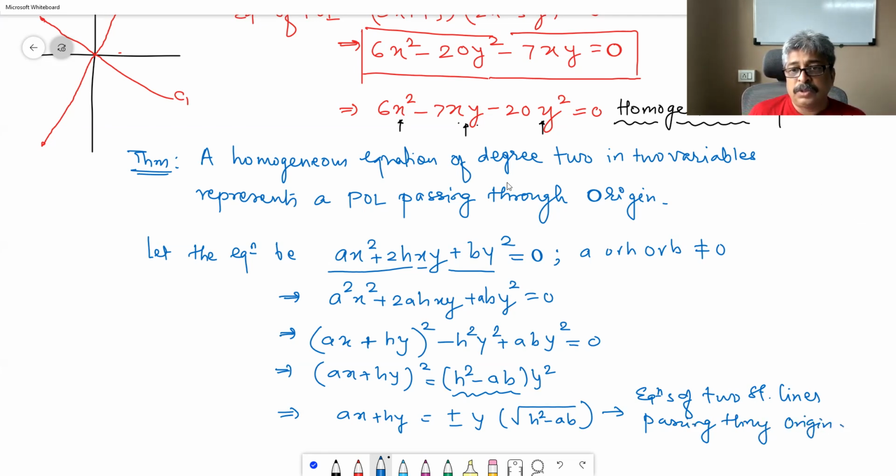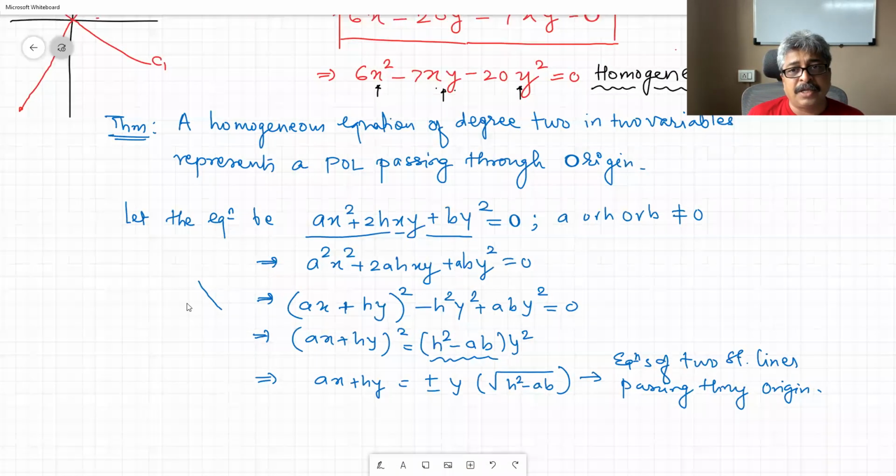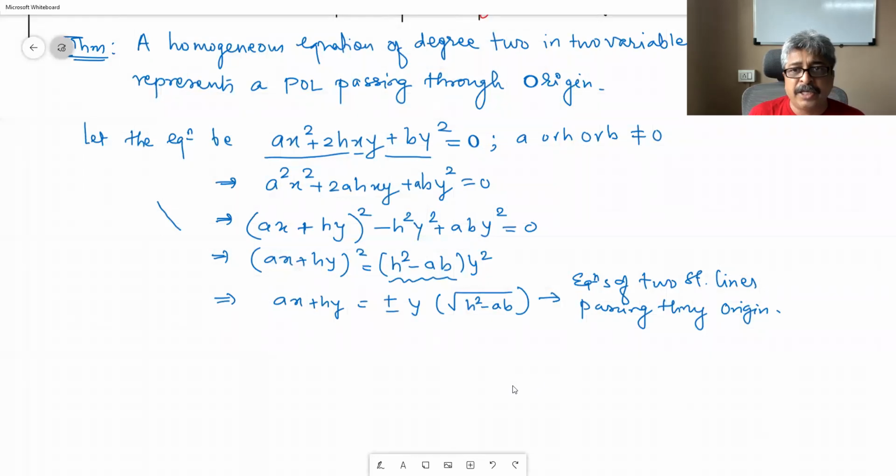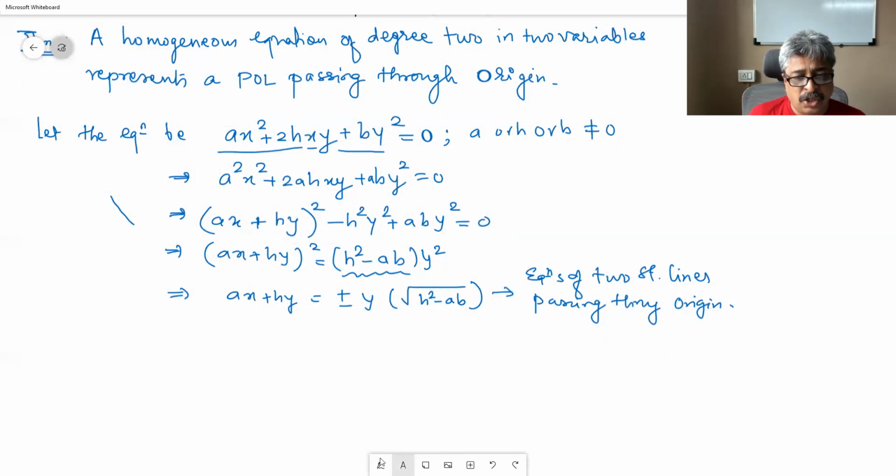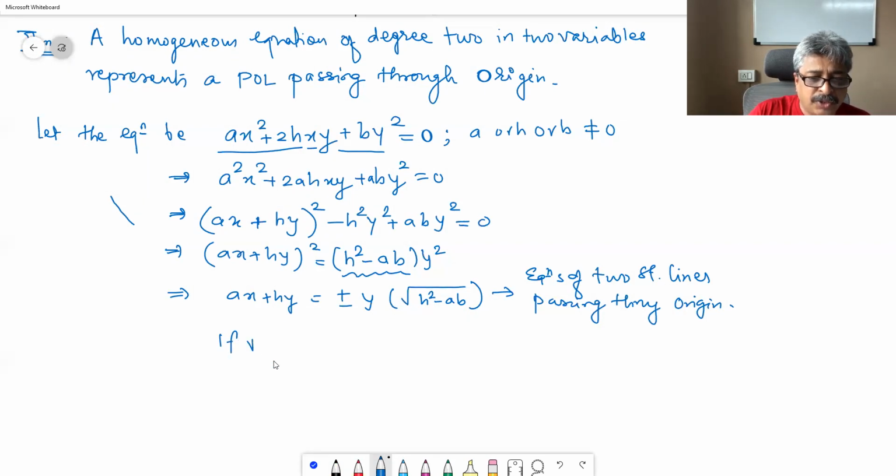Now it leads to a condition that whether we will be able to really draw those lines or not, and it is quite visible here. If h square minus ab is greater than 0, then we have two distinct lines.